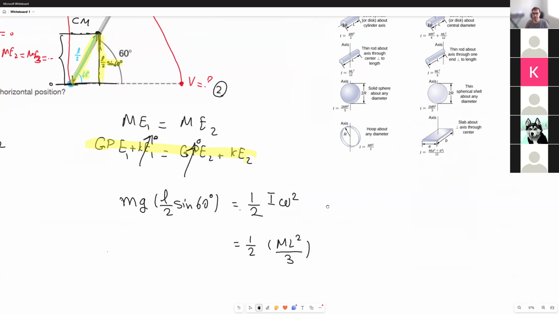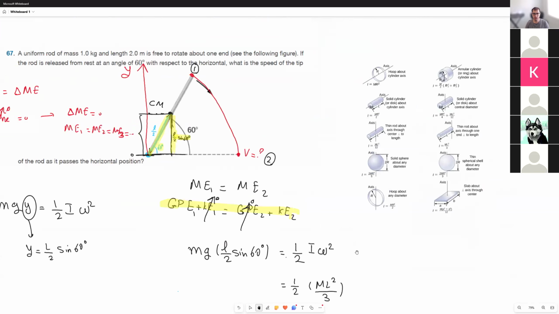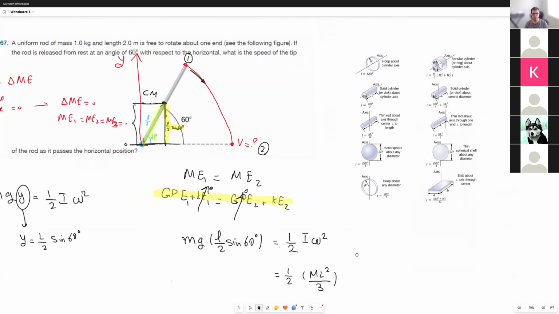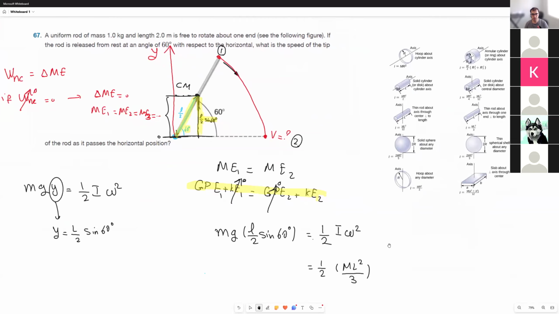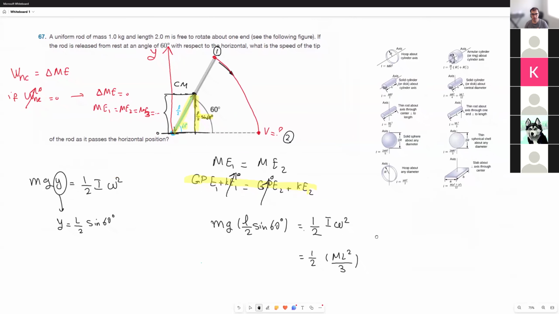Okay, so hopefully we're all on the same page now. Everyone knows why we chose ml squared over 3? Any objection to using that I?